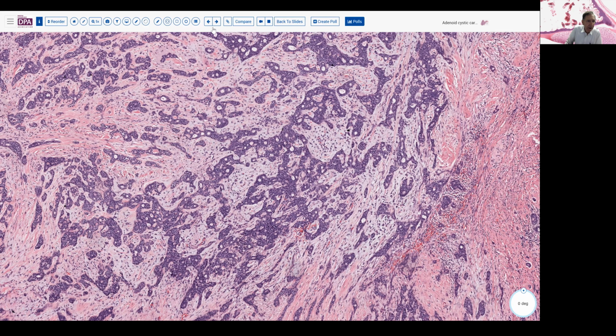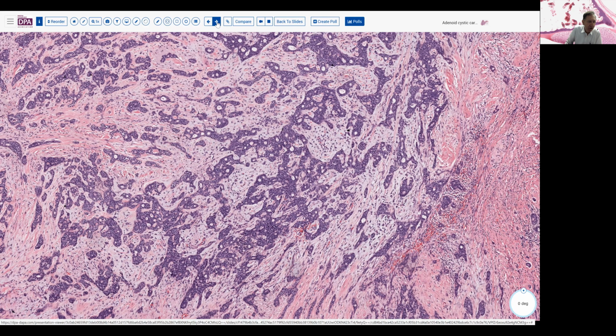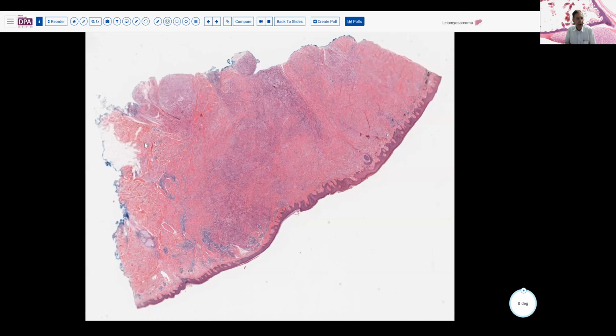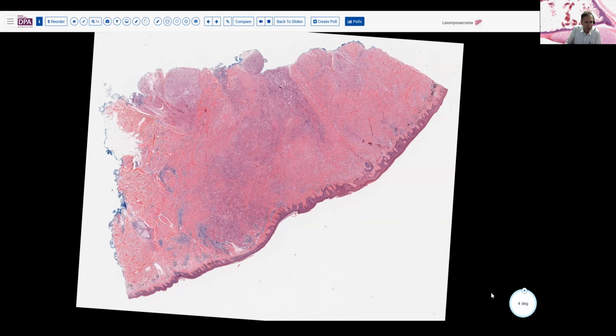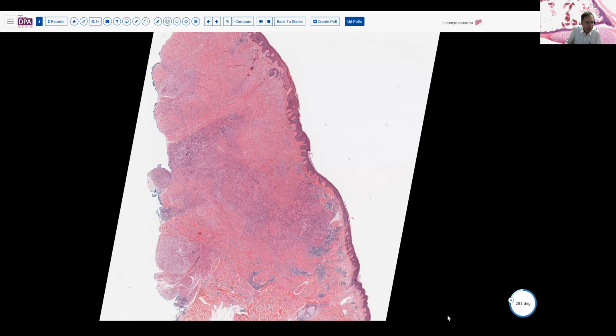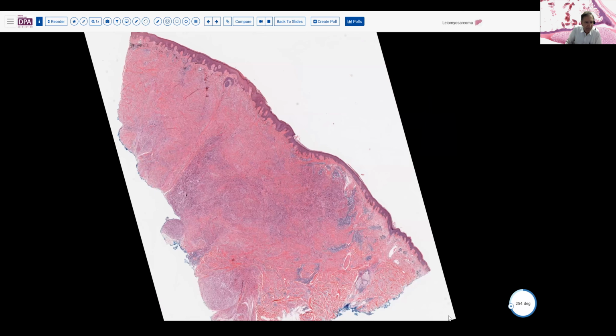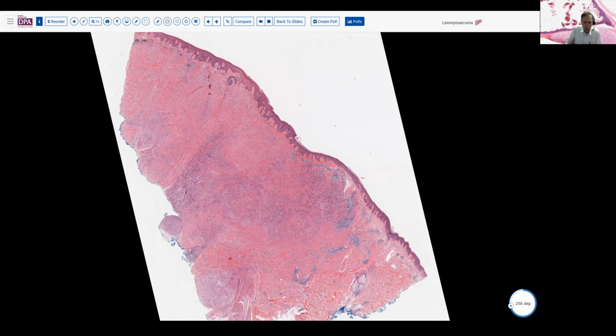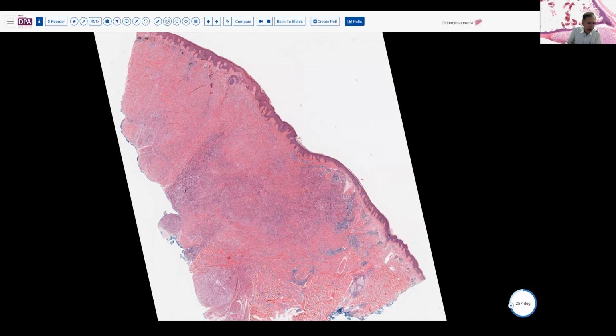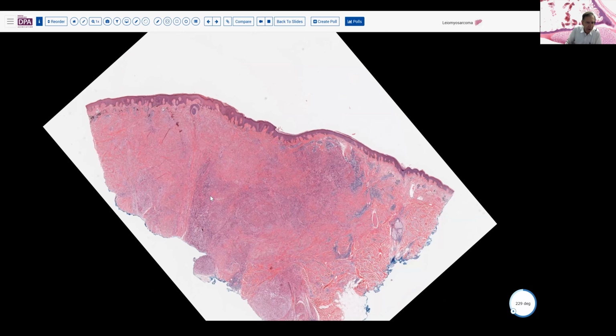Okay, well, not to be ignored, of course, are the stromal neoplasms. And so here again, we see cutaneous tissue on the surface and an underlying neoplasm with a more mesenchymal appearance, a more solid pattern.